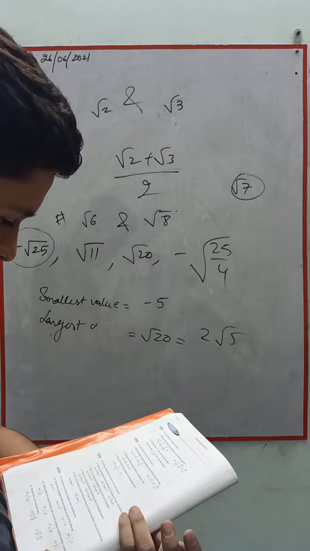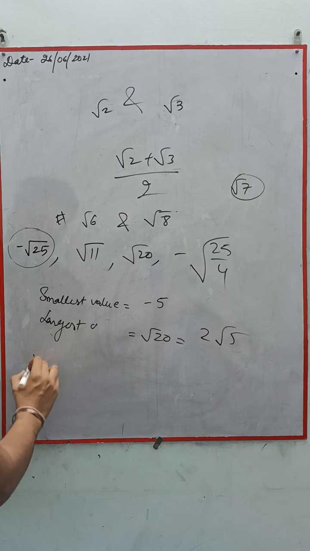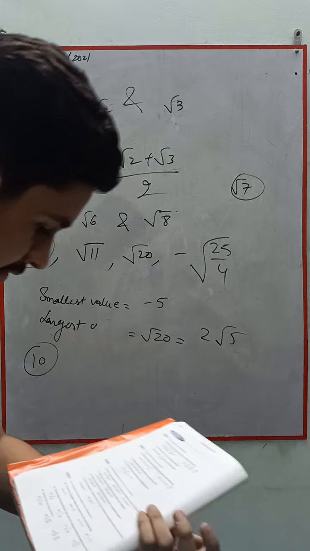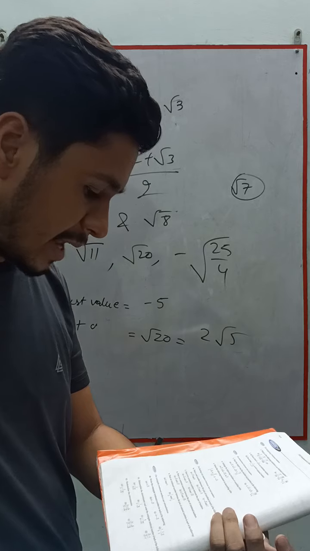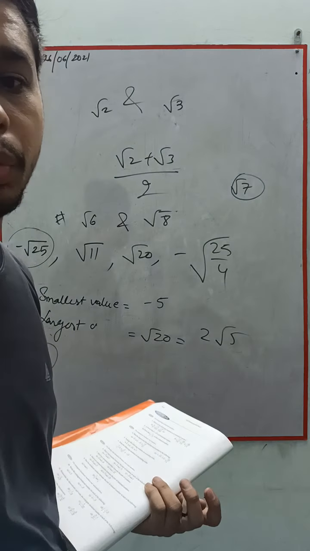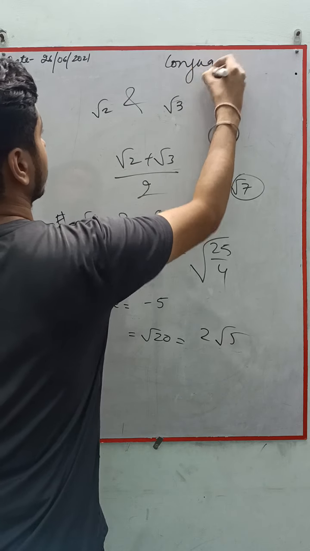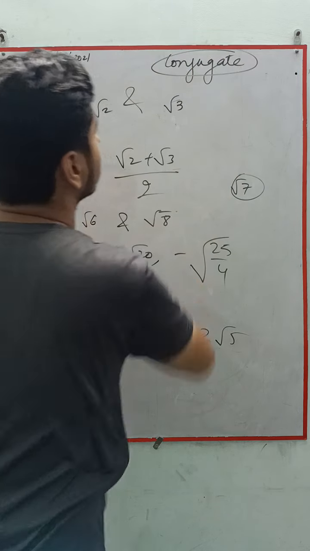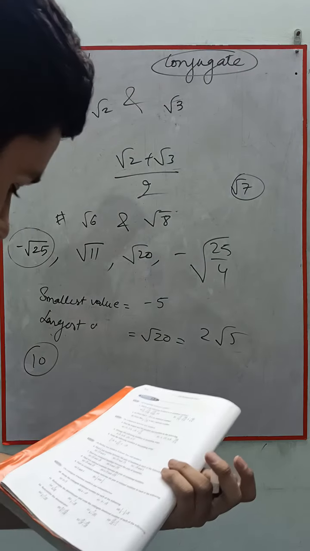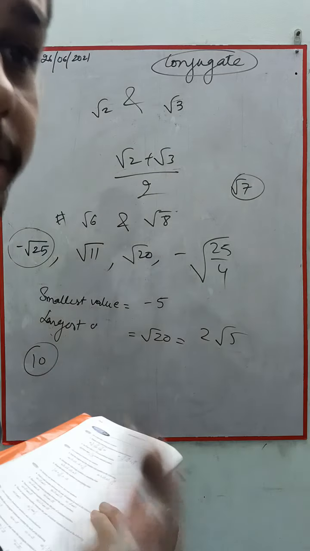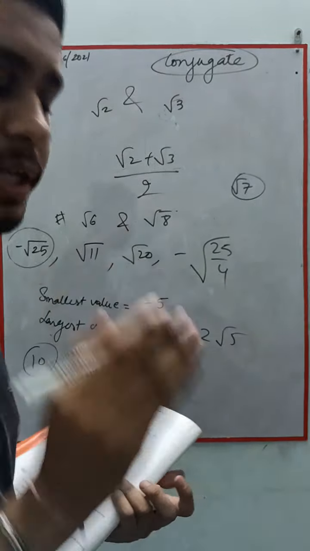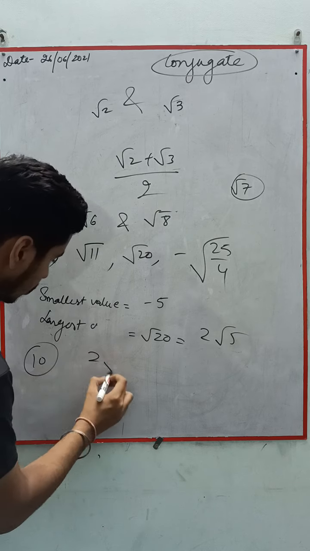Let's come to the 10th question now. What is the 10th question here? We have to write the conjugate irrational number. Now this is a new word for you, conjugate. Okay, what is that? The meaning of conjugate is to change the sign of the particular term. The first question is 2 root 3.